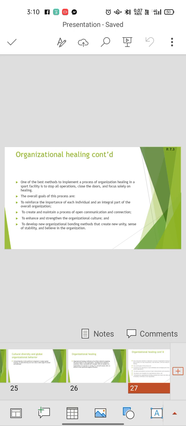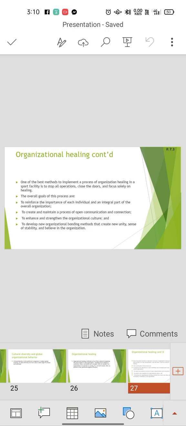Organizational healing content. One of the best methods to implement a process of organizational healing in a sports facility is to stop all operation, close the doors, and focus solely on healing.